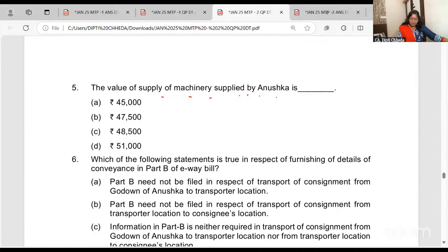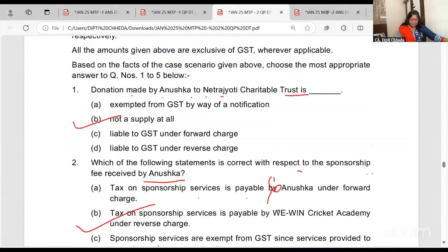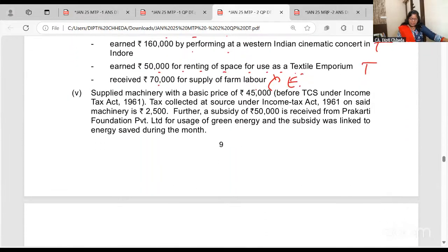Value of supply of machinery supplied by Anushka. For that, let us read the next para. Supplied machinery with the basic price of 45,000. Tax is collected. Further, a subsidy of 50,000 is received from Prakruti Foundation for use of green energy. And subsidy was linked.